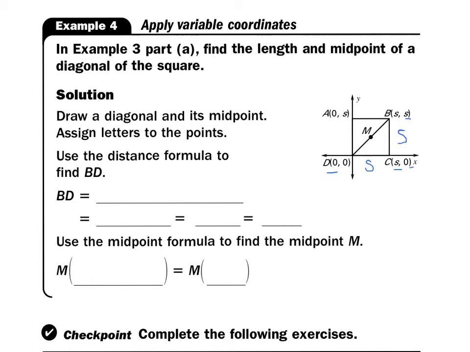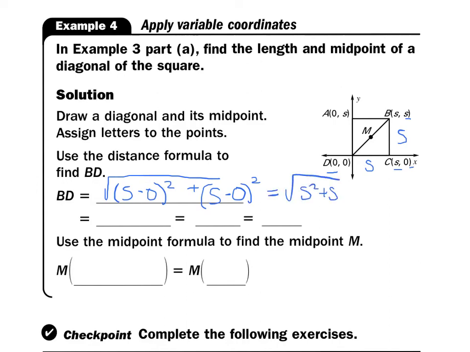So the distance formula would be the square root of S minus 0 squared plus S minus 0 squared. That would be S squared plus S squared. And do you remember what that would be? A common mistake would be to say that's S to the fourth.